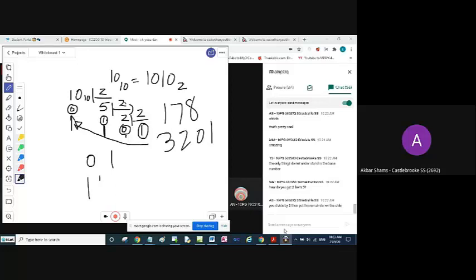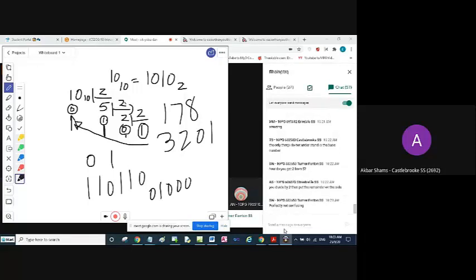For instance, I can come up with a number like this, or a number like this. That's all we are doing, and we are coming up with methods to convert from one to another. So in this part, we are learning how to convert from decimal to binary.